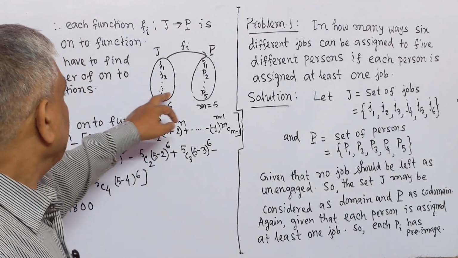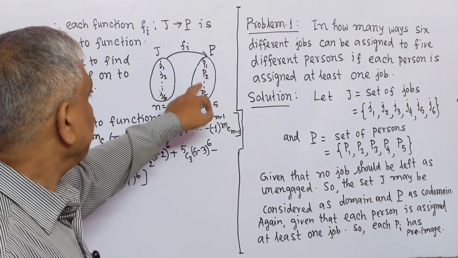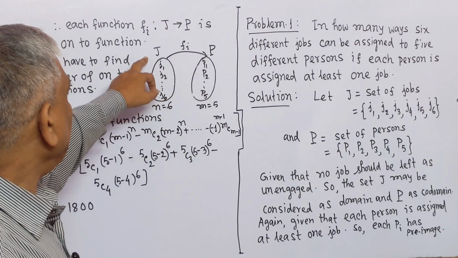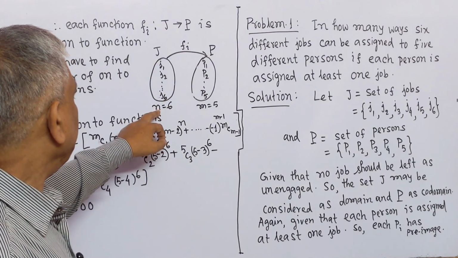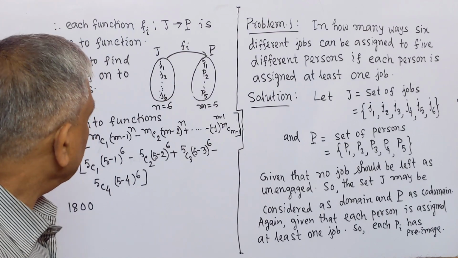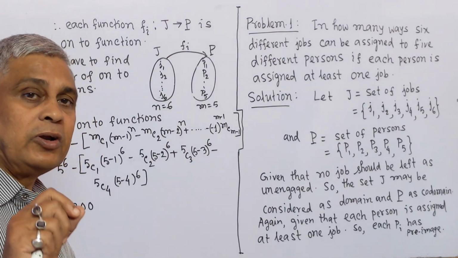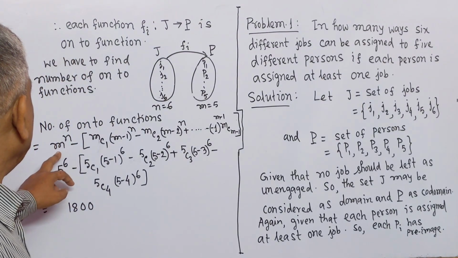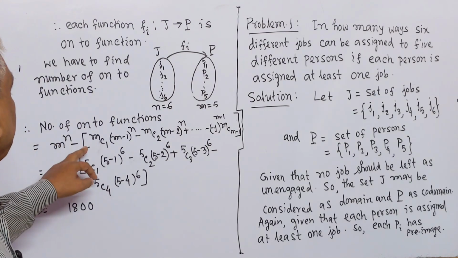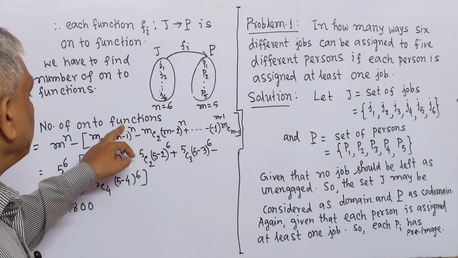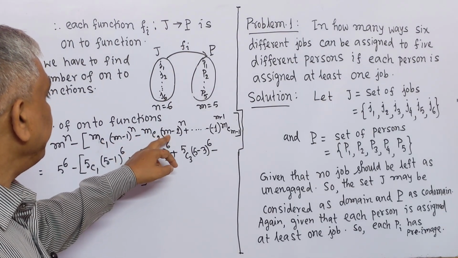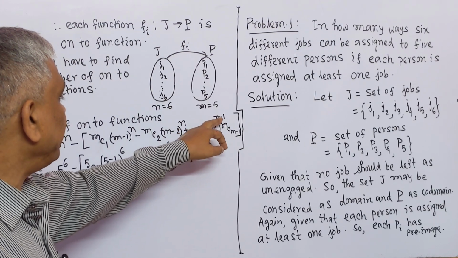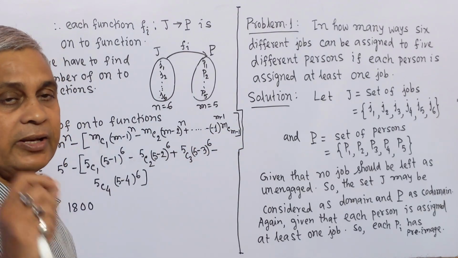Since the number of elements in P is 5, that is M equal to 5, and the number of elements in J is N equal to 6, by the formula for the number of onto functions, we get M to the power N minus MC1 (M minus 1) to the power N minus MC2 (M minus 2) to the power N plus dot dot dot minus 1 to the power (M minus 1) MC(M minus 1).